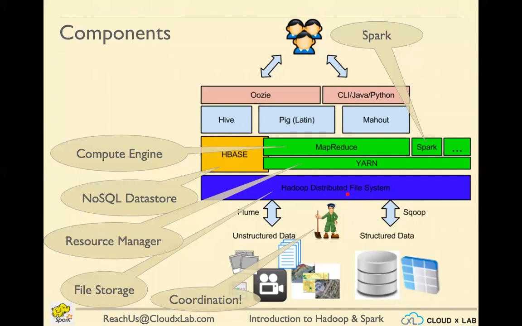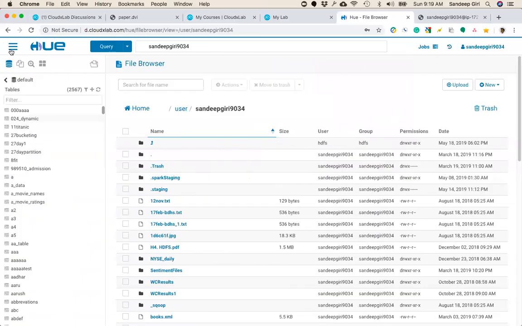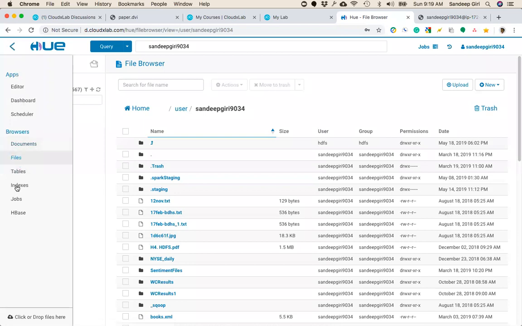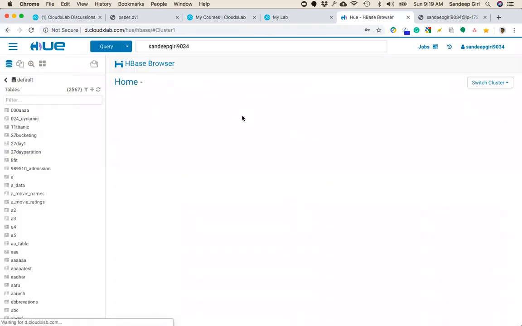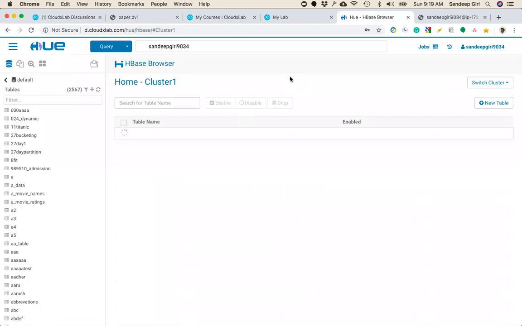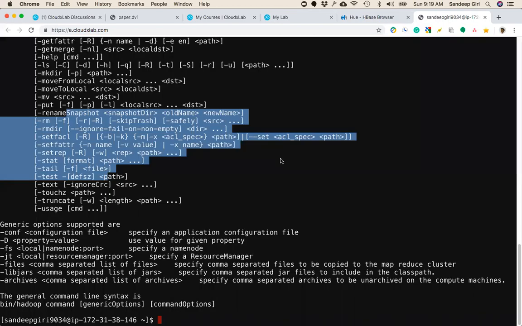I'm going to show you quickly what HBase means. You can either use the command line to interact with HBase, or you can probably use it from here. Okay, I don't think it works. Okay, I'll just show you from here.